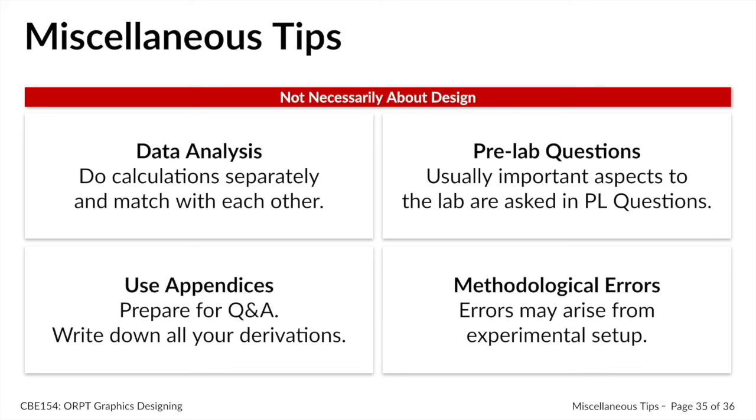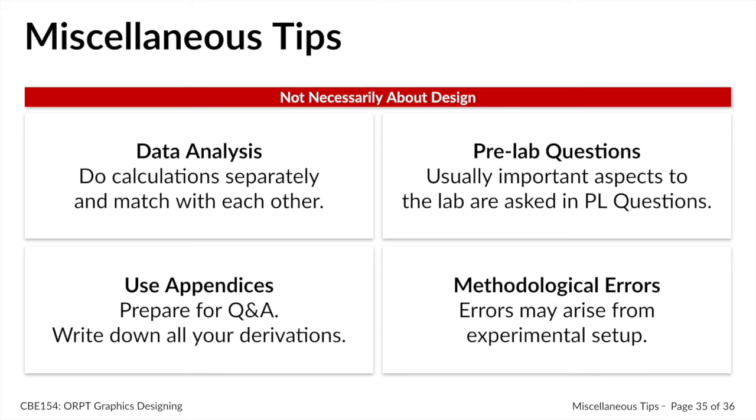The second tip is to use the appendices. Usually, the 10 pages aren't enough to contain all of your mathematical derivations and all your other data analysis, but by using these appendices, you are able to include extra information onto your slides.